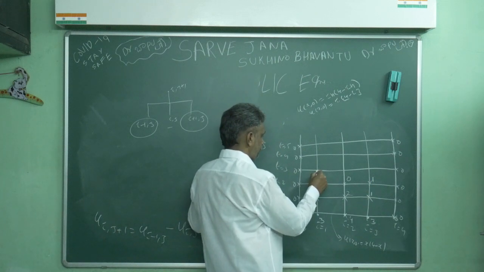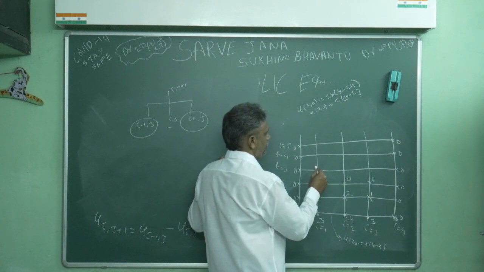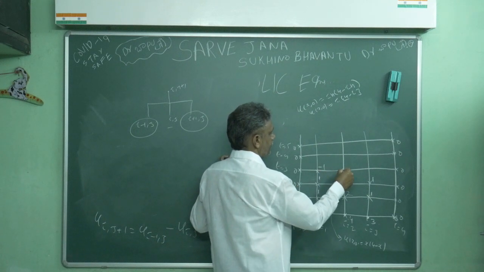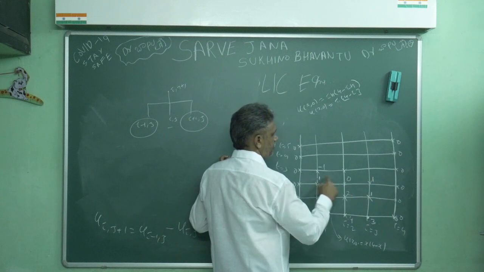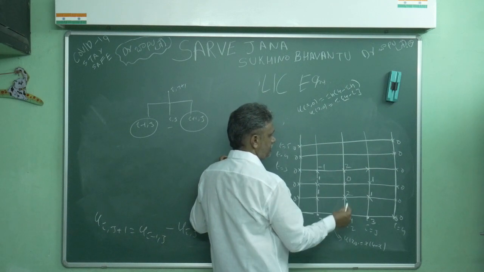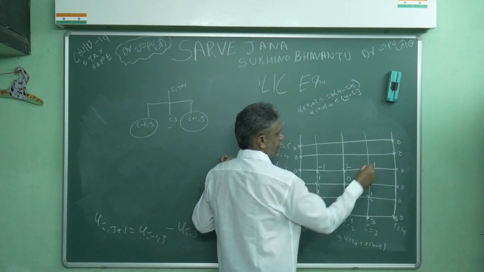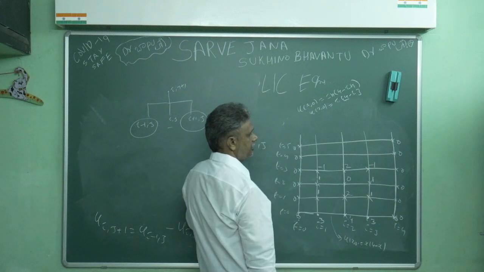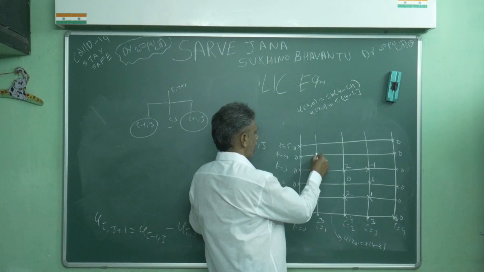For this, this plus this minus this fellow, so minus 1. This plus this minus this: 1 plus 1 is 2 minus 0, 2. For this, 0 plus 0 minus 1.